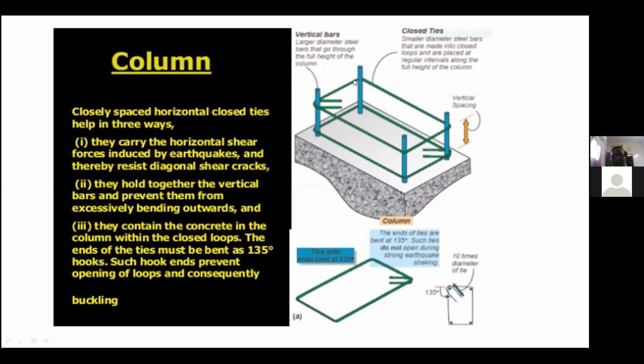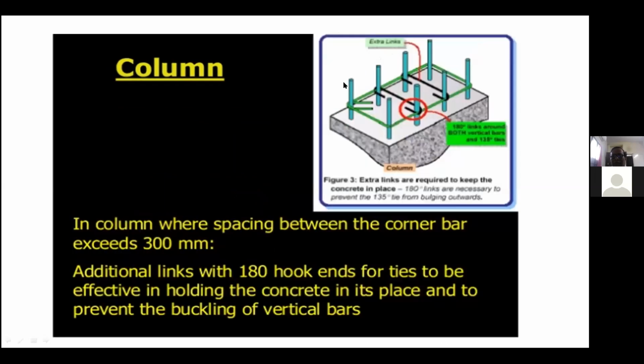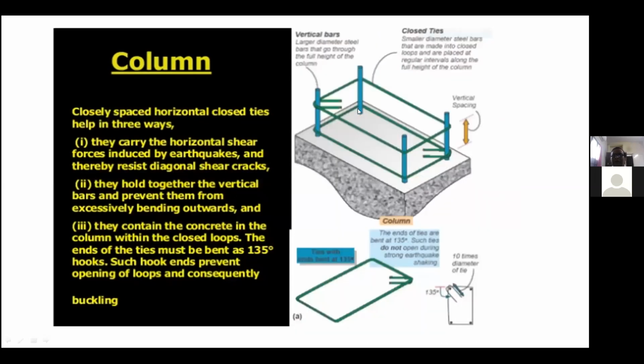Similarly, in the other, perpendicular direction, this tie will prevent the movement. So the vertical reinforcement should be arrested by stirrups. It should not be allowed to move in both directions, so it must be restrained by your stirrup.